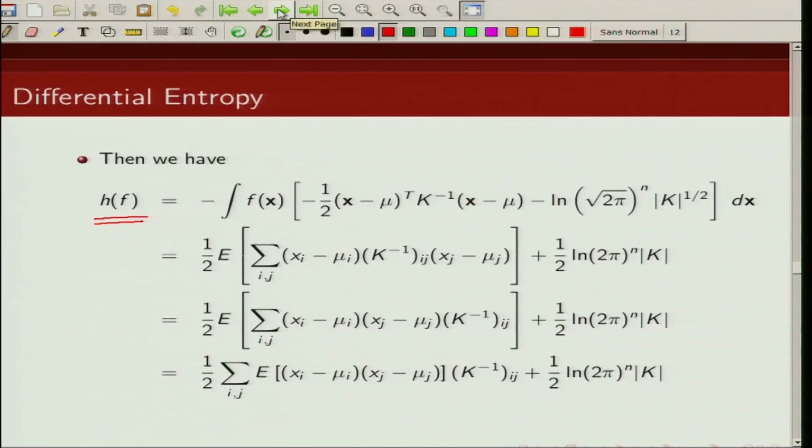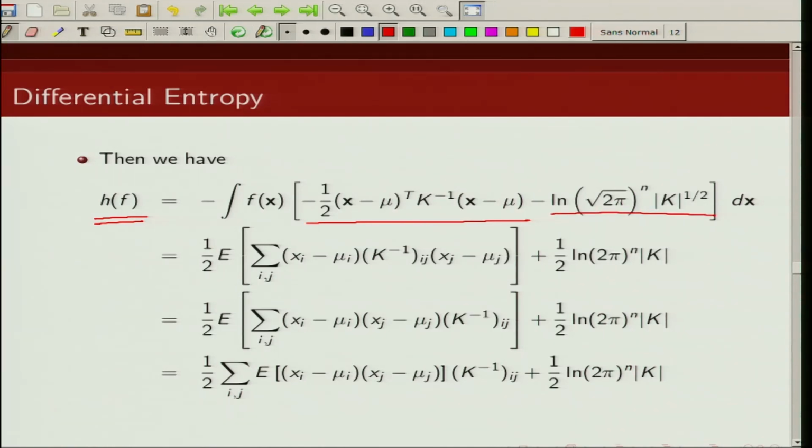So this is what I am writing here. I have minus half (x minus mu) transpose K inverse (x minus mu), that is one term, and then we had this minus of 1 by under root of (2 pi)^n determinant of K. So we have these two terms.